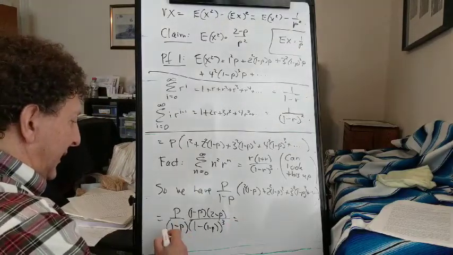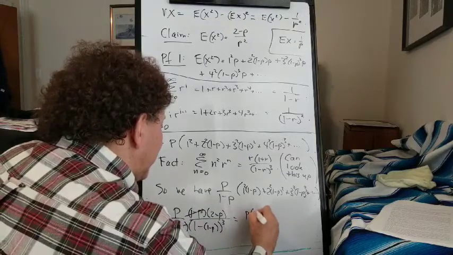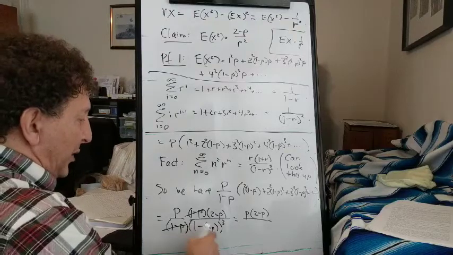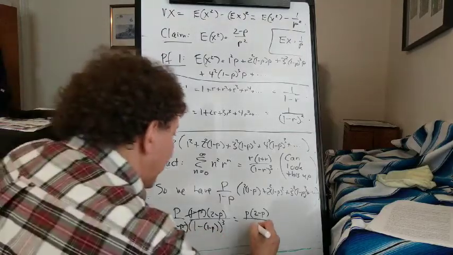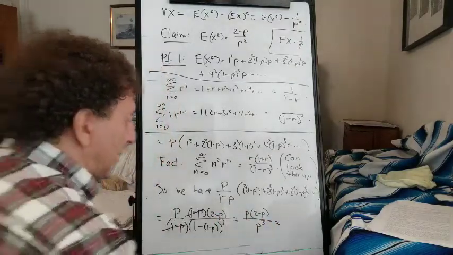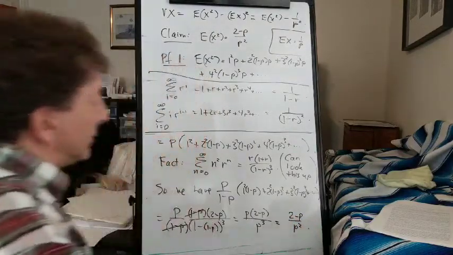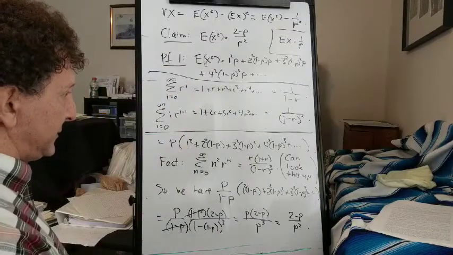Now right away I see I can cancel a 1 minus p and a 1 minus p. So we've got p times (2 minus p) over, 1 minus 1 is 0 plus p, so that's p cubed. And now one p cancels from the numerator and denominator, and we've got (2 minus p) over p squared. So that's what we claimed.